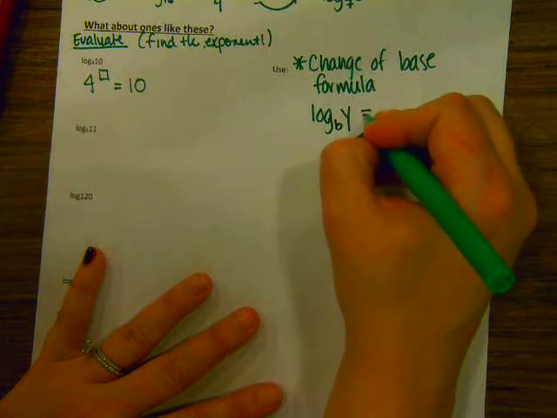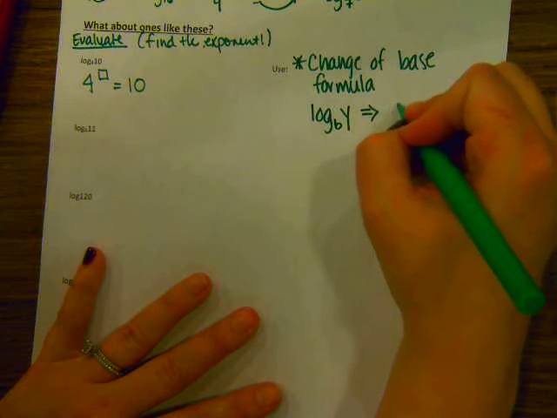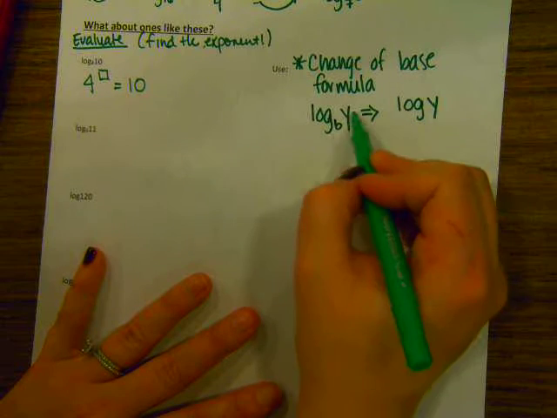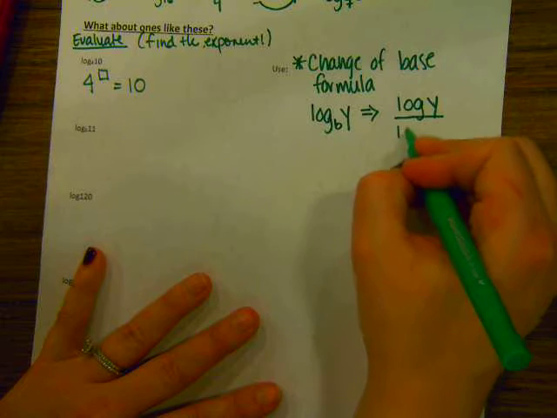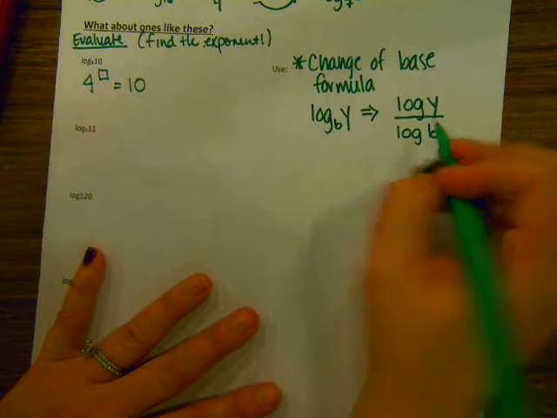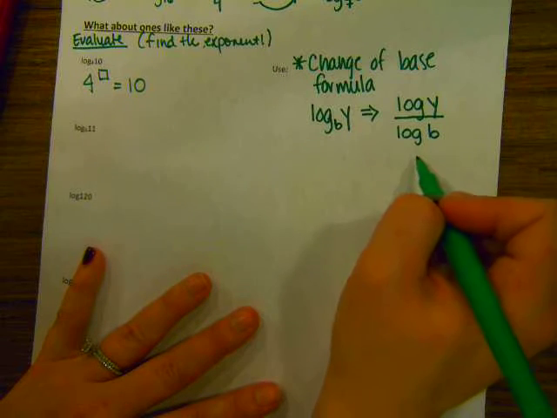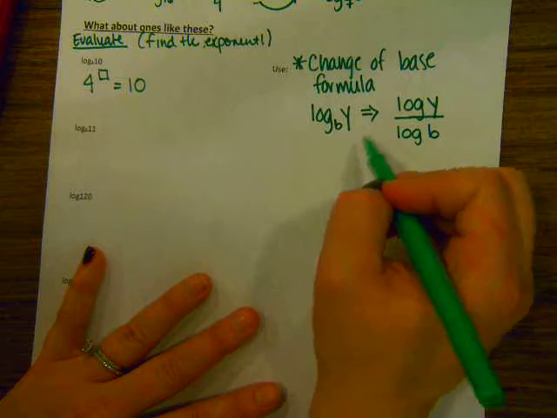Well, your calculator will help you, okay? What you can do is take the log of the bigger number, so in this case I called it y, and divide it by the log of the base. So the base goes to the bottom of the fraction. In the calculator, by doing that, it will give you the decimal exponent.